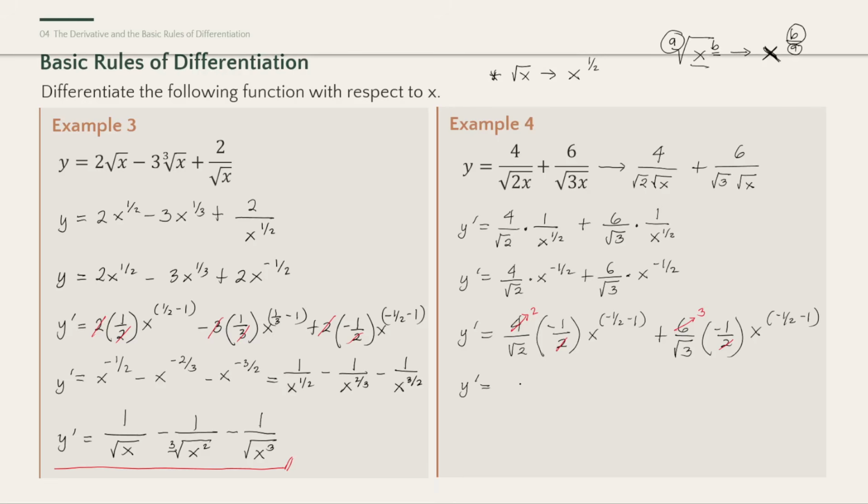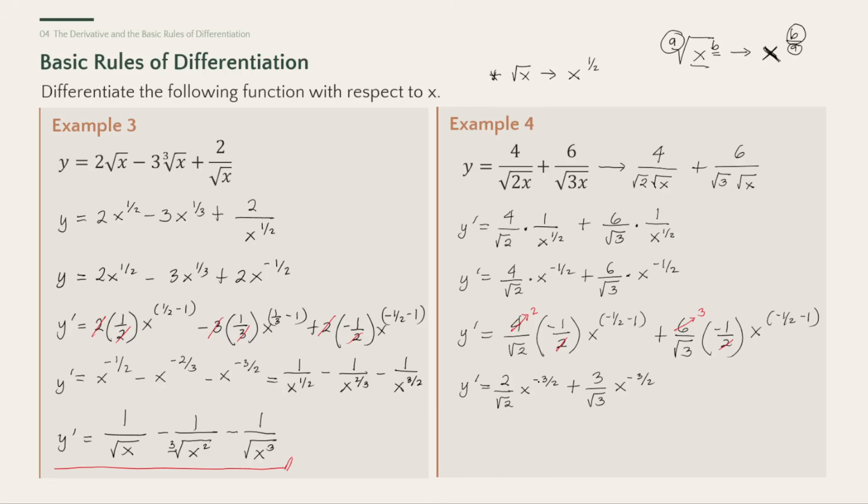Therefore, we have 2 over square root of 2 times x raised to negative 3 halves. Okay? Plus, we have 3 over square root of 3 times x raised to negative 3 halves also.